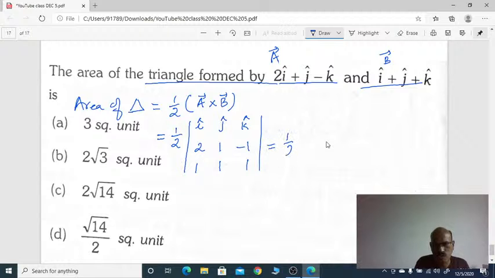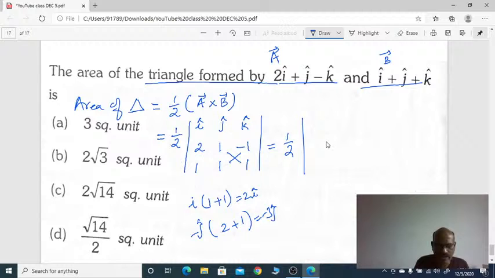Now multiply as usual, right? If you take i cap and then multiply 1 into 1, 1, minus of minus 1 into 1, plus 1. So what you will get? 2i. When you take j, minus j, multiply 2 into 1, 2, minus 1 into 1 minus of minus 1, plus 1. So minus 3j. Similarly k you will get only 1. So you will get straight away 2i cap minus 3j cap plus k cap.